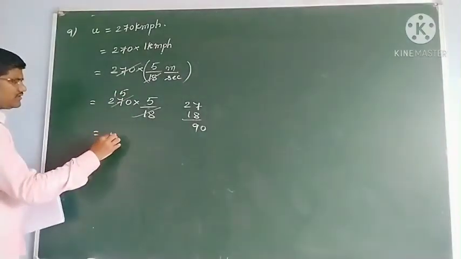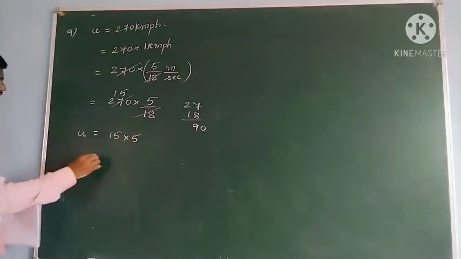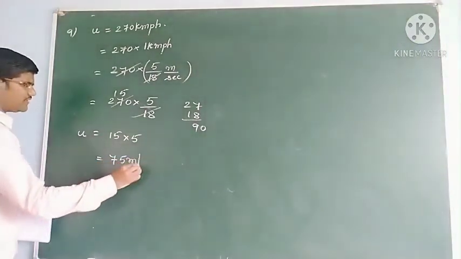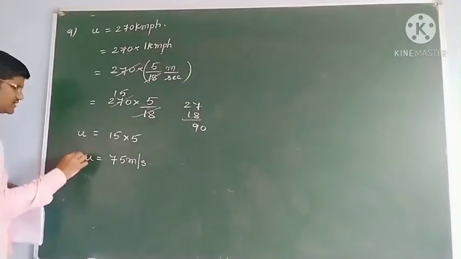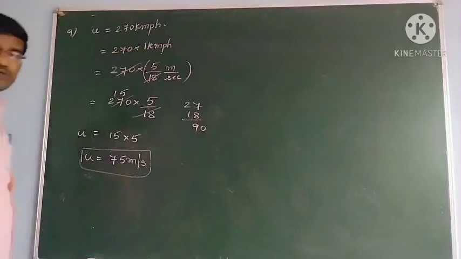Okay, then 15 into 5. So then you will get the u value: 15 5s are 75 meters per second is the initial velocity. Okay, students. So this is the initial.